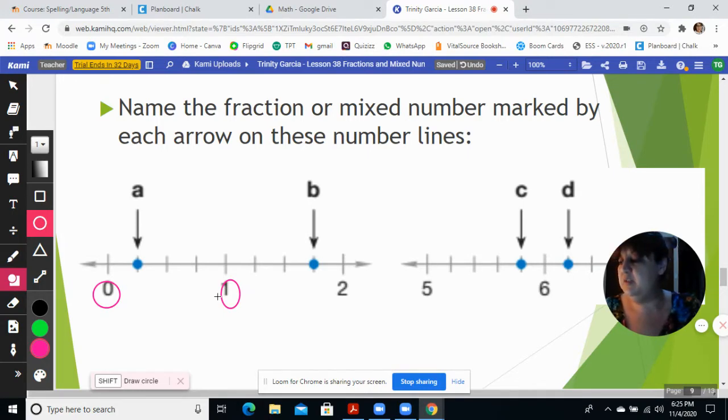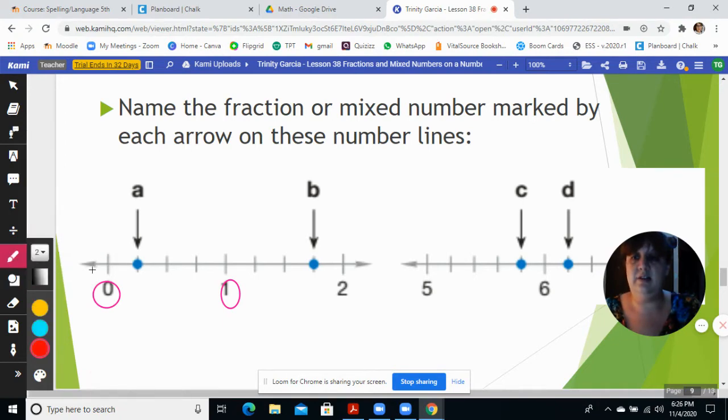The distance between the whole numbers on this number line is divided into how many sections? Let's count. Here's 1, 2, 3, 4. Okay, we have 4 sections. Remember, we're counting sections and not lines. The distance between the whole numbers on this number line is divided into fourths.